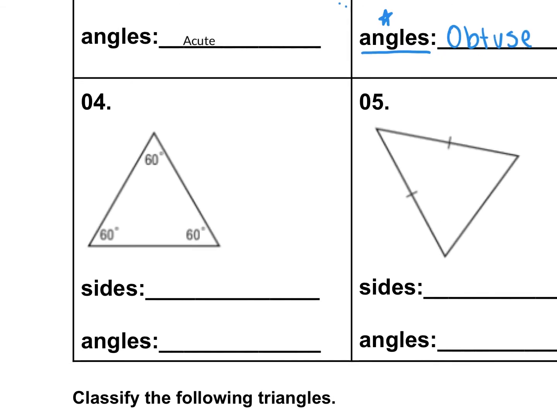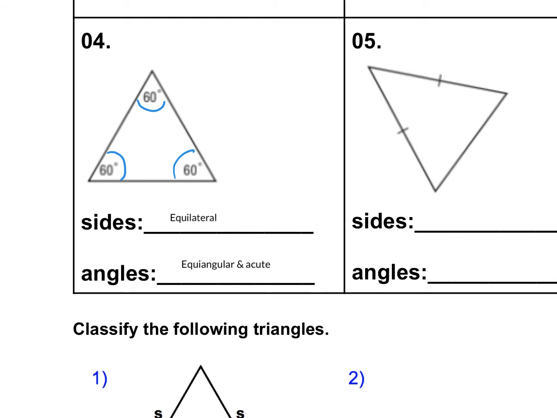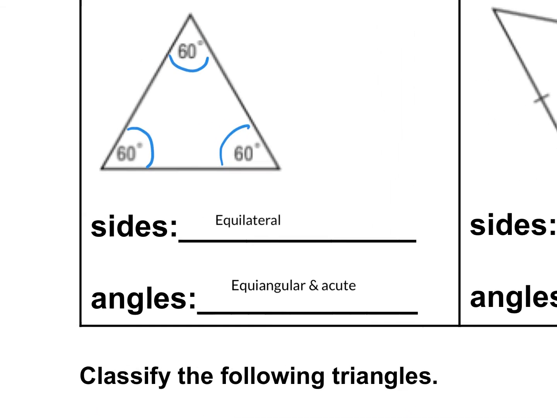Let's look at our next one, number 4. How do we classify number 4? If all three sides are congruent, all three angles are congruent, how do we classify that? So here we have an equilateral.